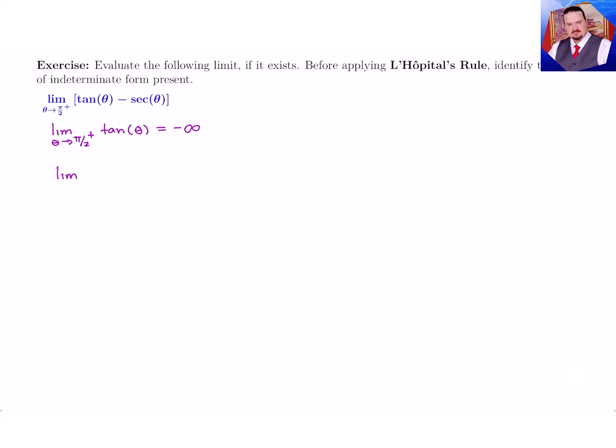And if we have the limit as theta goes to pi halves from the right of secant theta, now notice I'm not including the minus in this analysis. We're just looking at this function and this function, and I'll bring the minus in a second. This is also minus infinity.